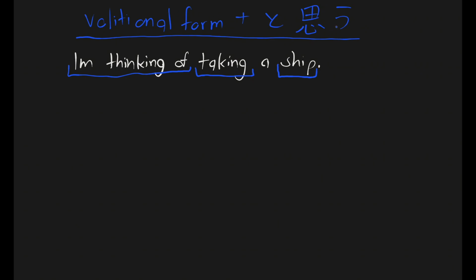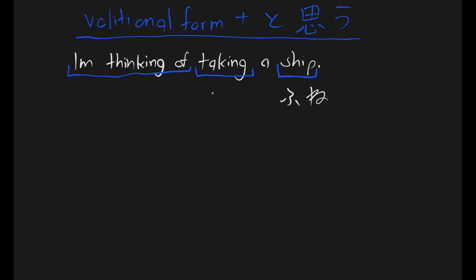That is the to omo of this sentence. And remember, this is me talking about myself, not talking about another person. So let's go over what the vocab is. Ship in Japanese would be fune. That is ship.